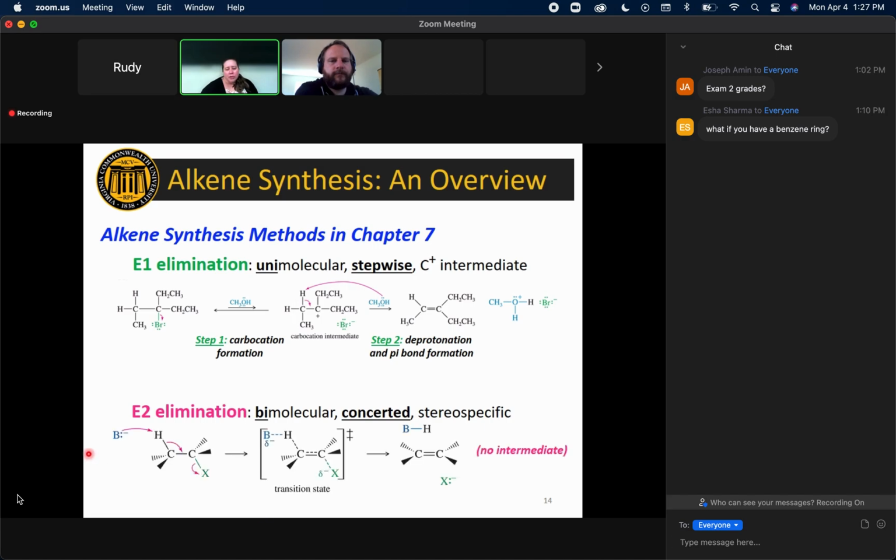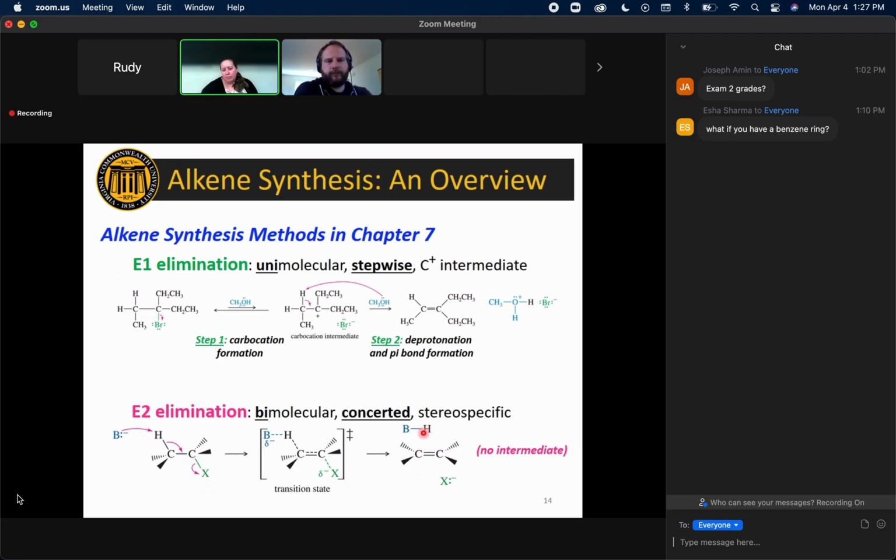In E2, like I said, it is concerted, meaning we're going to have a strong base, and that strong base is going to deprotonate the molecule in a cascade sort of mechanism where the deprotonation happens at the same time that sigma bond electrons turn into pi bond electrons, which happens at the same time as the electrons holding that halogen leave with the halogen.